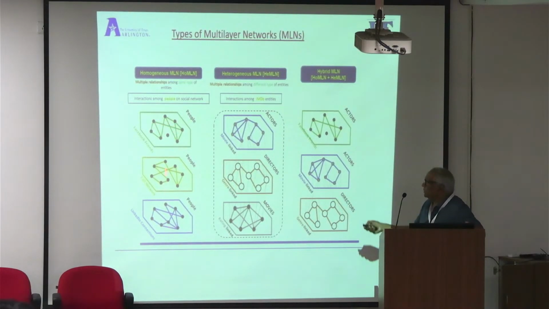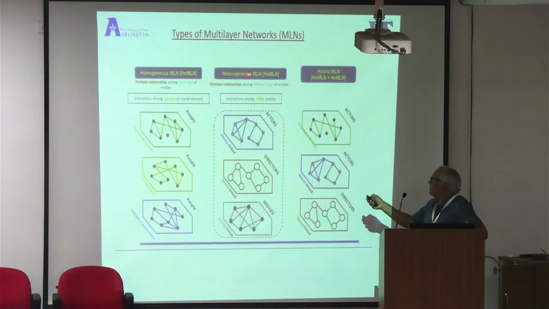So it's easy to understand this if you think of Facebook relationship, LinkedIn relationship, or call network or Twitter or whatever it is. So people are the same, but the relationships are different. So these are different graphs, but there are no interlayer connections because the nodes are the same. So that's a homogeneous MLN.